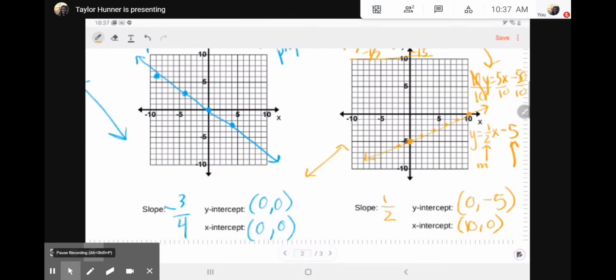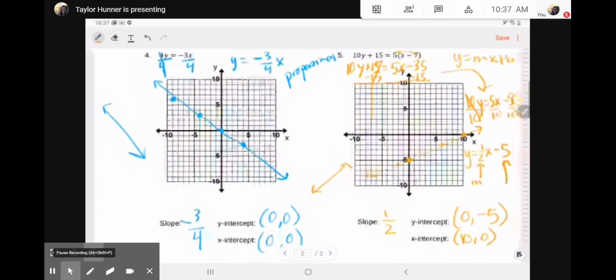Okay. So sometimes you will be able to find the x-intercept by plugging in 0 for y. Sometimes you can graph it. If I were to go back and actually plug in 0 for y in this problem, so 10 times 0, that would go away. It would just be plus 15 equals 5x minus 70.